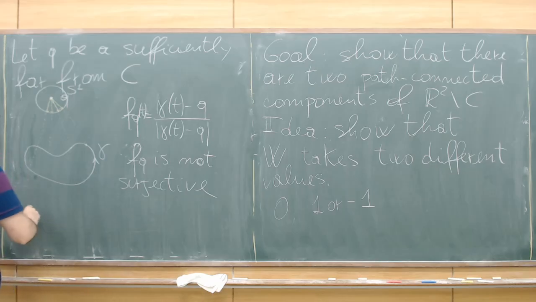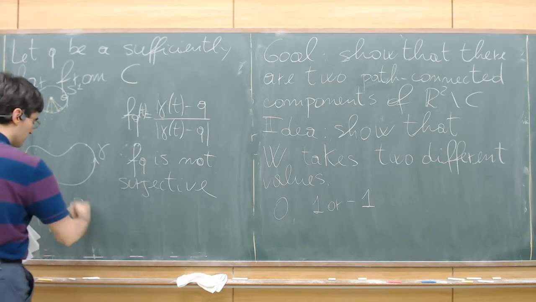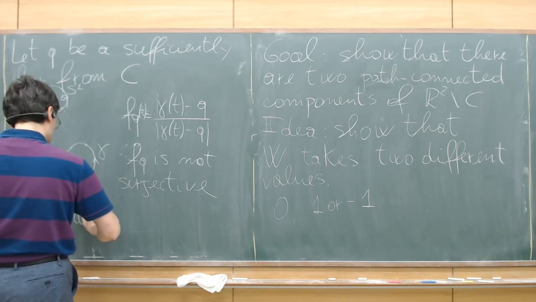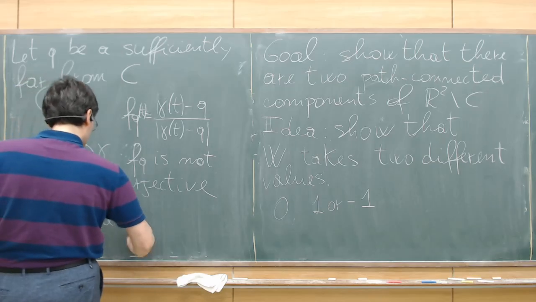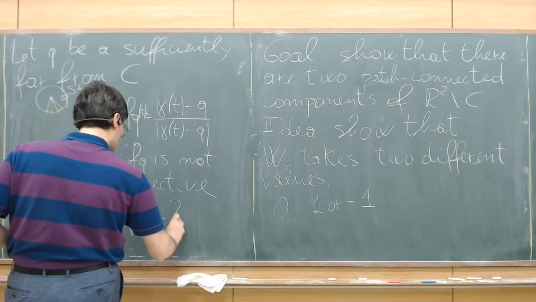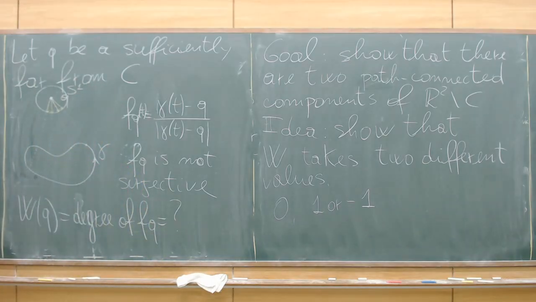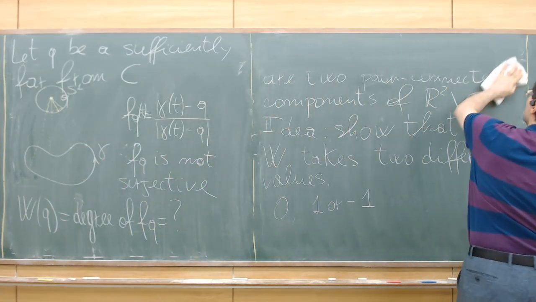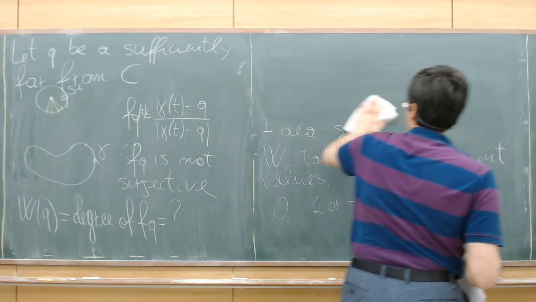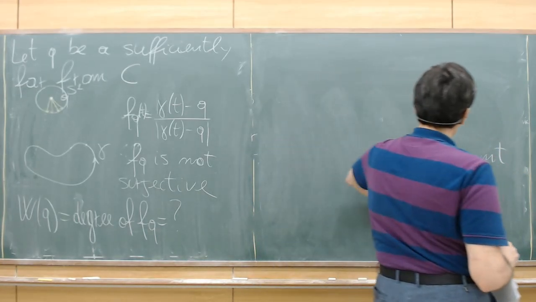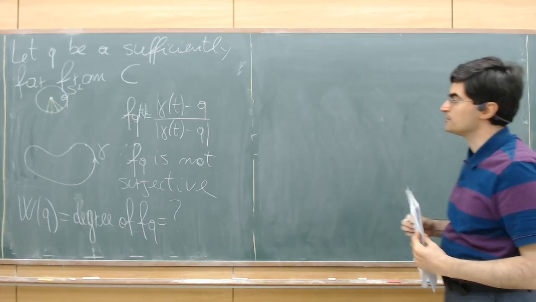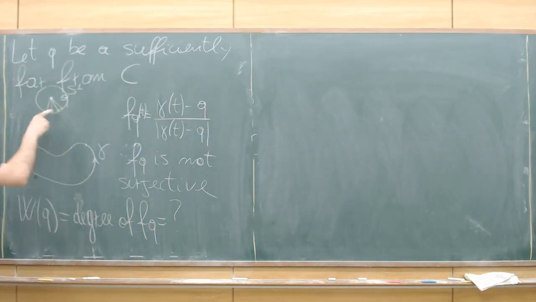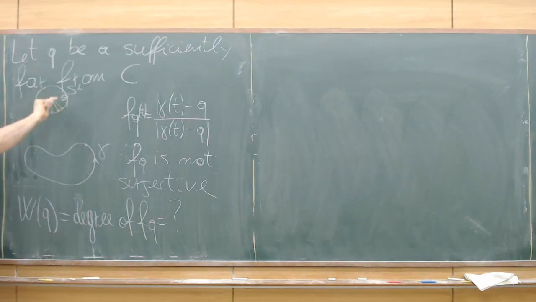So what can we say about W_Q? W_Q is the degree of f_Q. So these vectors here do not make an entire turn of S1.